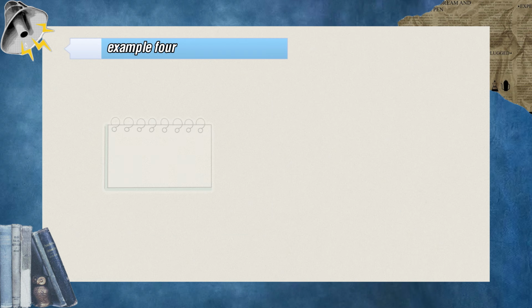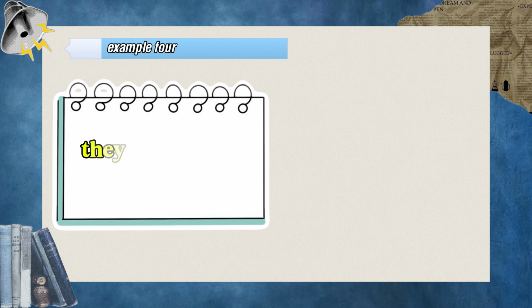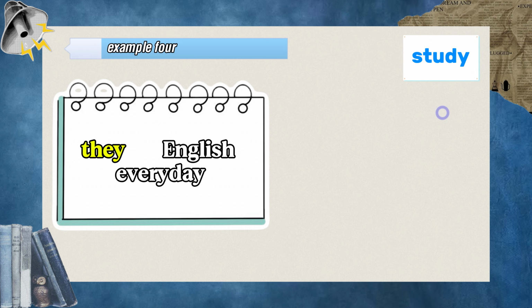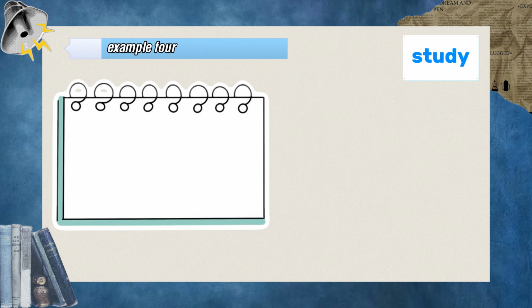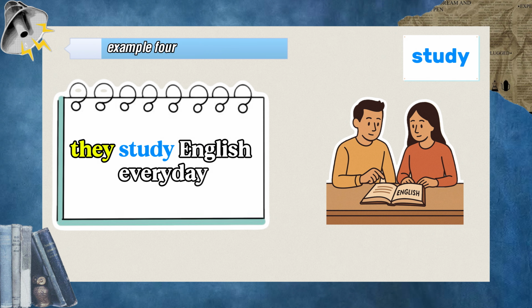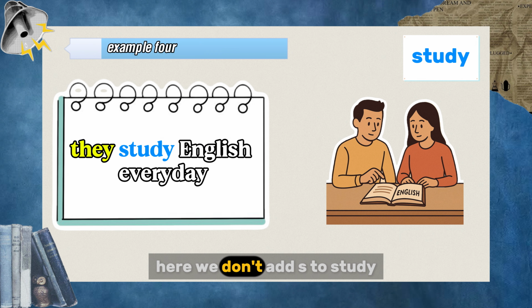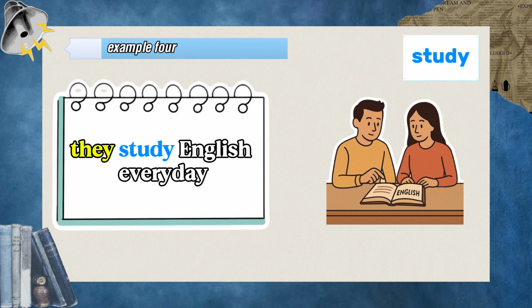And our last example sentence, they blank English every day. Our verb is study. That's right. They study English every day. Here, we don't add s to study because our subject is they.